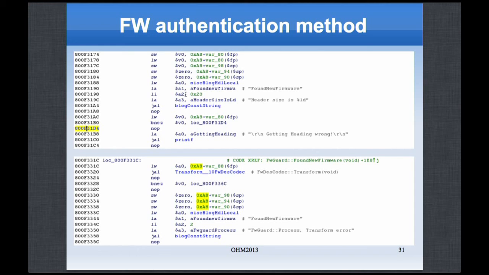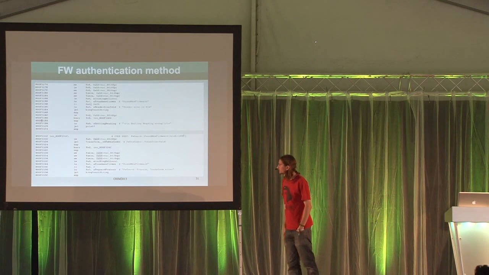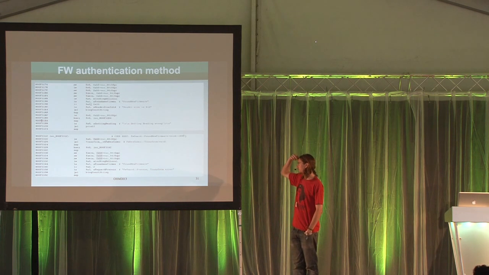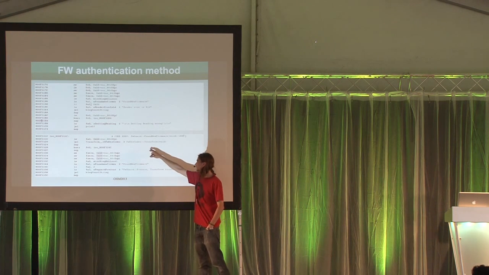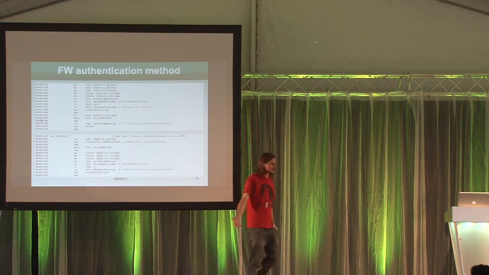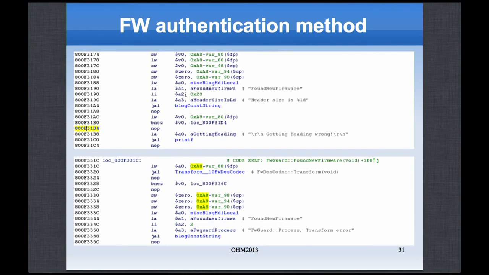And first we see that it looks for the size. The only invalid size is 0, for the data we still don't know anything about. And a little bit later, it will call FWDES codec, which is a void, and the method transform. And it seems to be the function that is responsible for not authenticating, but at least verifying the validity.